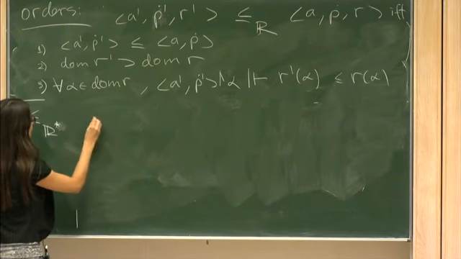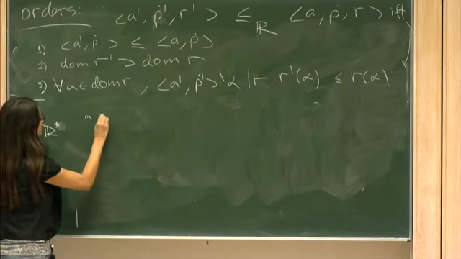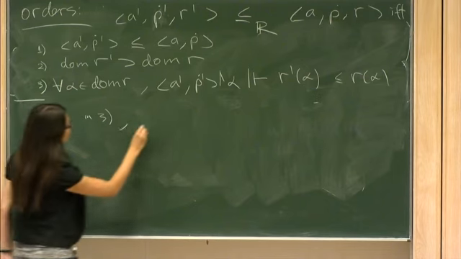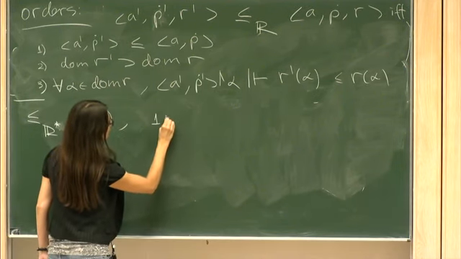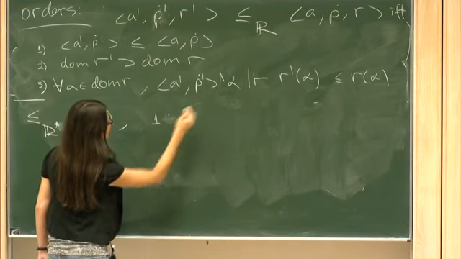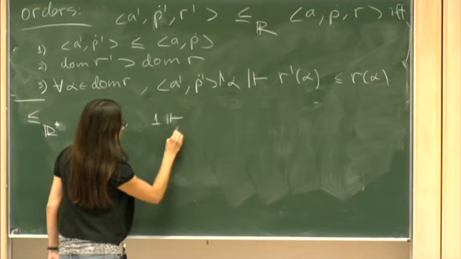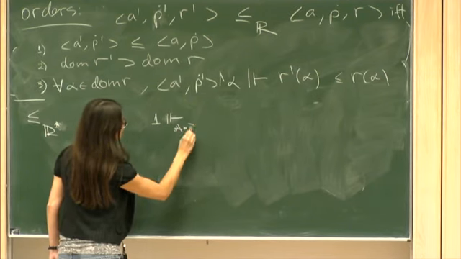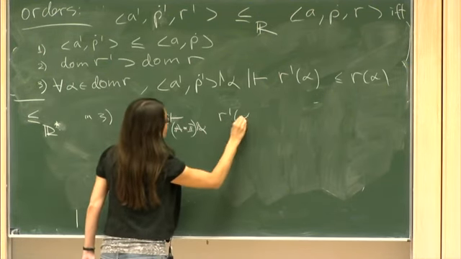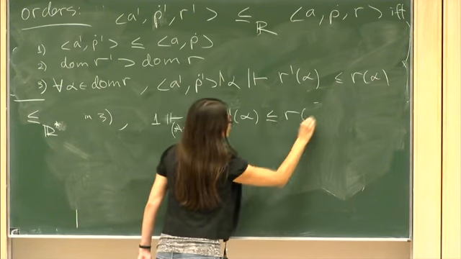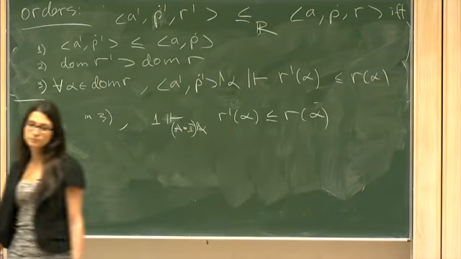The only difference is that in three we have that the empty condition forces, in the right poset, A star restricted to alpha forces that R'(alpha) is stronger than R(alpha).